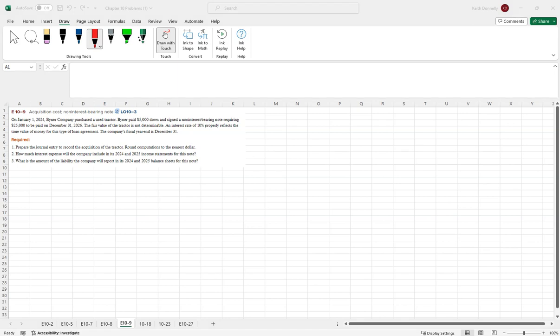All right, let's look at 10.9 on this. So it says on January 1st, 2024, they purchased a tractor. They paid $5,000 down, and then they signed a non-interest bearing note requiring $25,000 to be paid on December 31st, 2026.